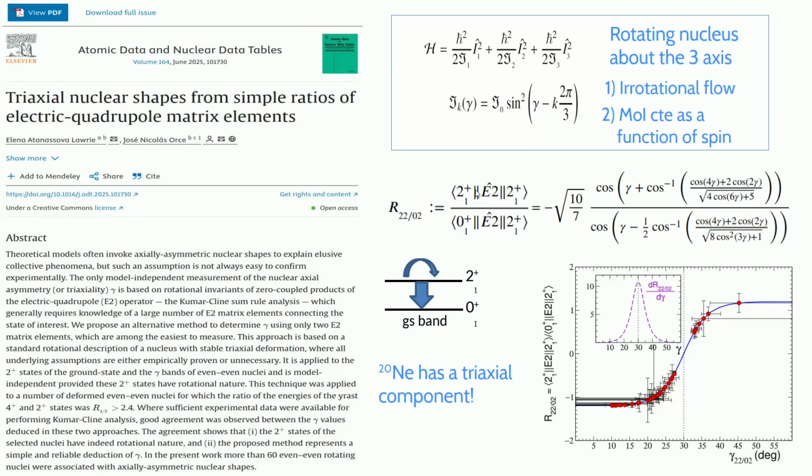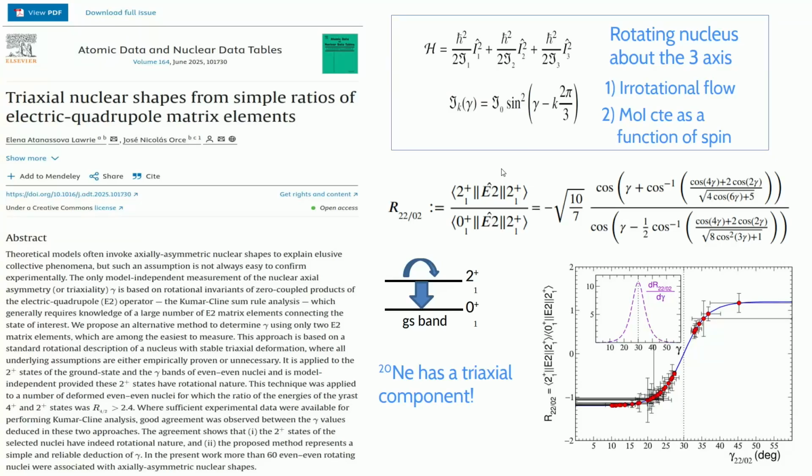And it's not like the rotational invariance or the Kumar-Klein sum rules. We only need two matrix elements. And wherever there are Kumar-Klein sum rules, they agree very nicely with this simpler version of how to extract triaxiality from a ratio of matrix elements.